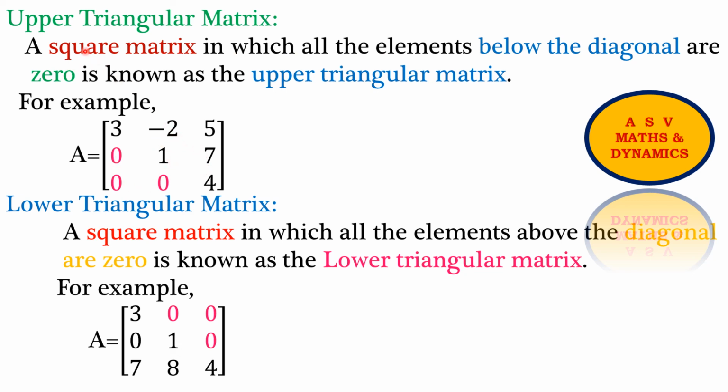When you have to tell the upper triangular matrix, you look at the non-zero elements, and likewise you tell it is an upper triangular matrix. In the definition, a matrix with 0 below the diagonal is known as an upper triangular matrix. However, you have to keep in mind that the non-zero elements appear in the upper part, so it is upper triangular, and here it is a lower triangular matrix.